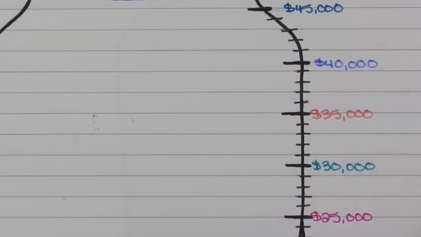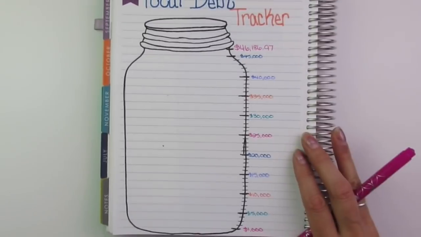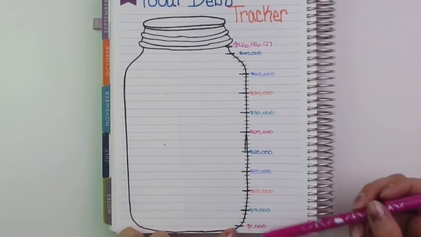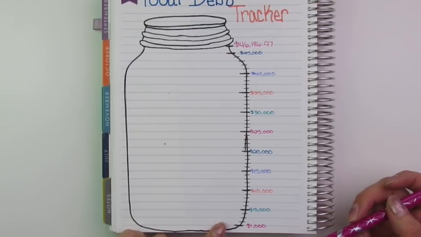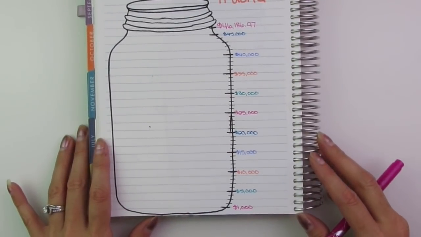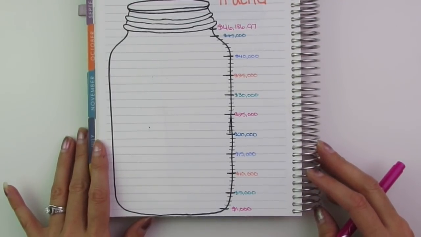So what I did here is I made each line of the paper basically $2,000. But I wanted to be able to do it in increments of 1,000 because, like, in February I paid off $1,400 in debt, and in March I paid off $1,000 or like $1,100 in debt.